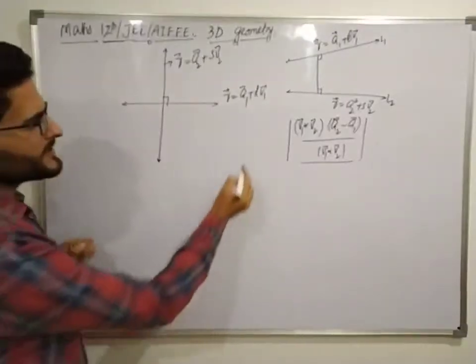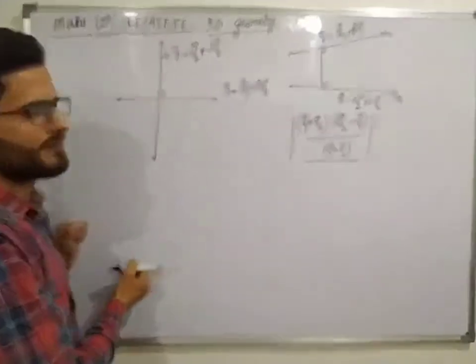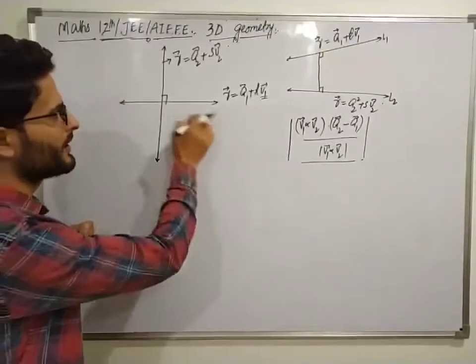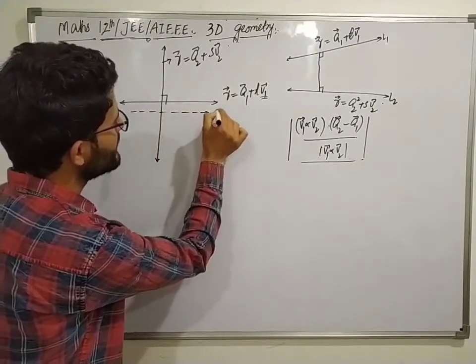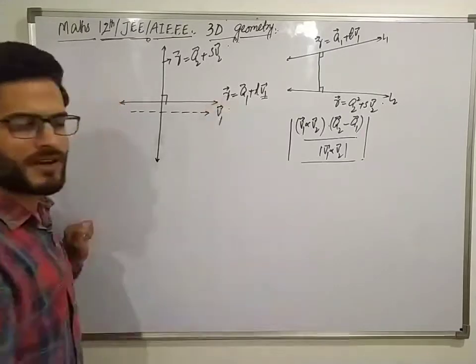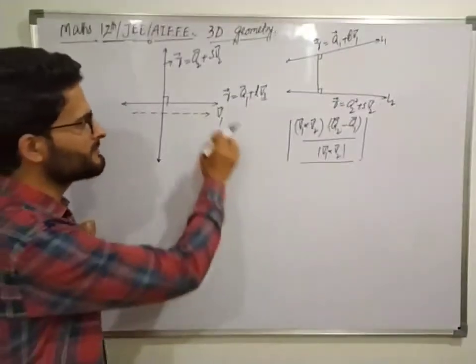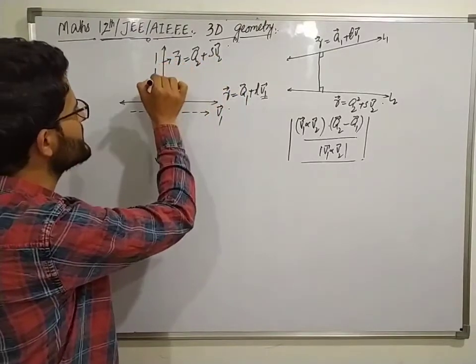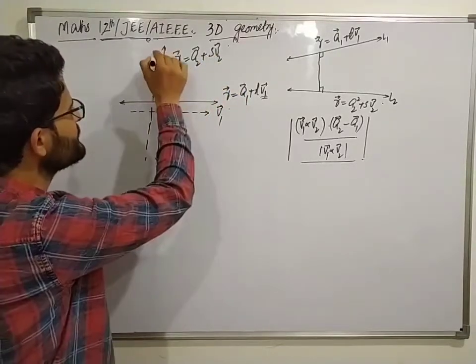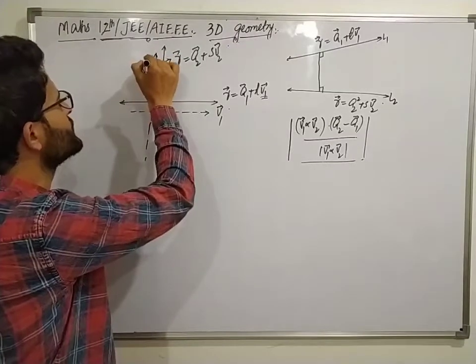V1 vector is the sort of vector which is parallel to line first, and similarly V2 vector is a vector which is parallel to line second. So this will be our V2 vector.